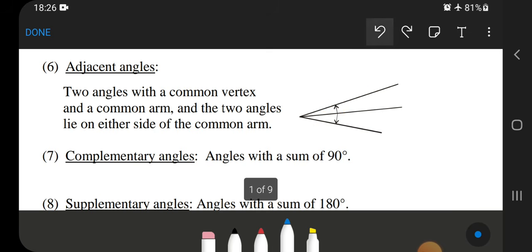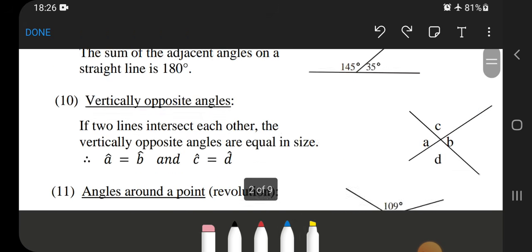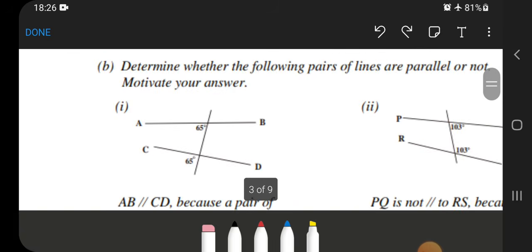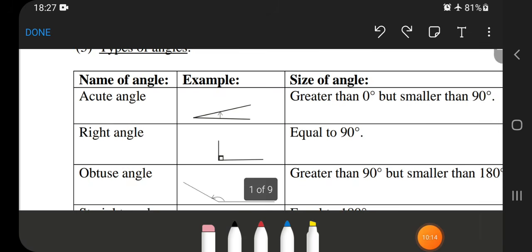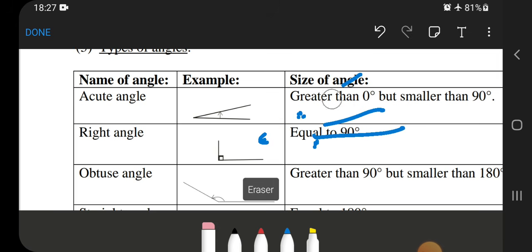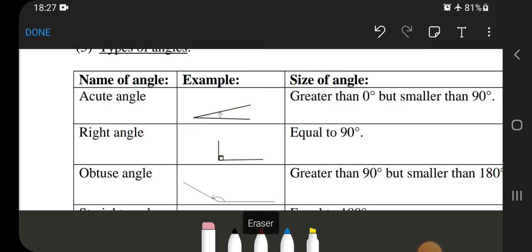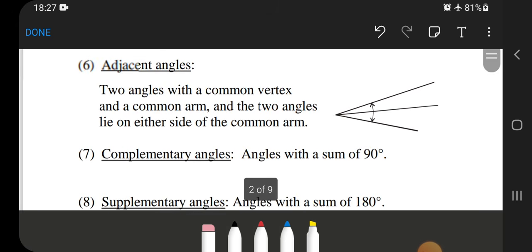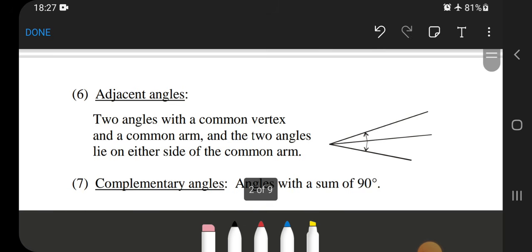So always remember that two angles that share a common vertex and a common arm are adjacent. Here where we have an acute angle, when there are two angles like that, this is how we see that they share the same vertex and the same arm. Yeah, so that's how we see adjacent angles.